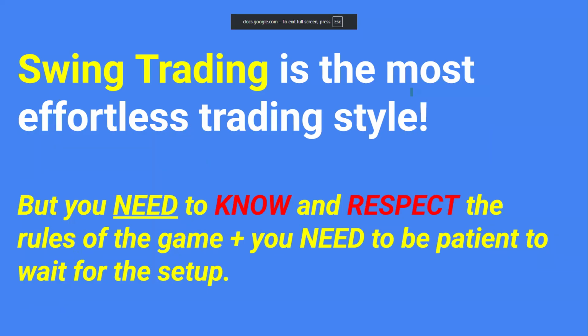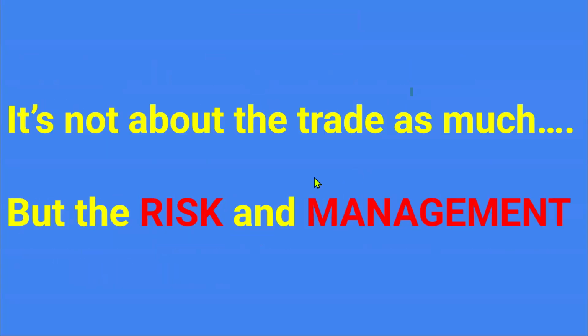All right, so let's go back in here and let's chat some more. Okay. So it's not about the trade as much, but it's about the risk and the management. Risk is very important, and the amount you risk on the trade should be the same on each and every single trade until you grow your account by at least 40 to 45%, and then you can increase your risk size.